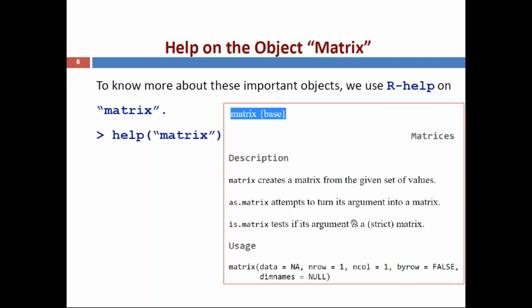This is the description about matrix, as.matrix, is.matrix. Then we have usage. Actually, this is our syntax for creation of the matrix. matrix within brackets data equal to NA by default, nrow equal to 1, ncol equal to 1, byrow equal to FALSE. You can even mention dimnames also, default NULL.